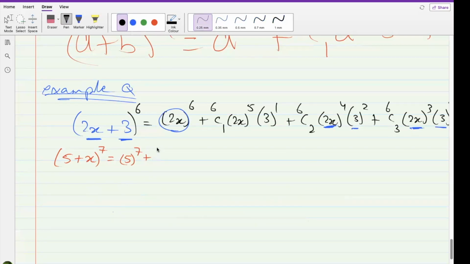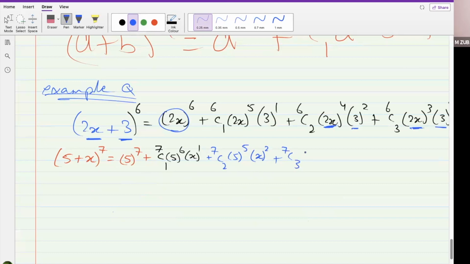And this is 7C1, a^(7-1), b^1. Then we write 7C2, a^(7-2), and b^2. Then we write 7C3, a^(7-3), and b^3. We don't actually have to write all of this.